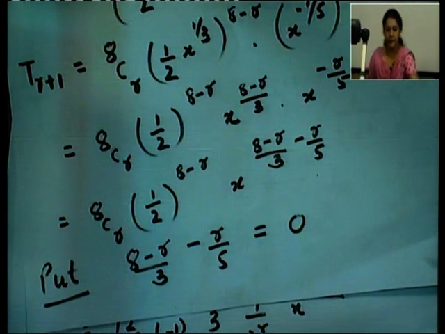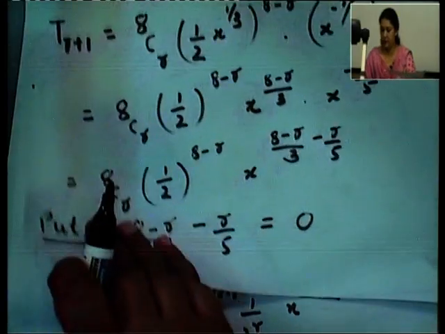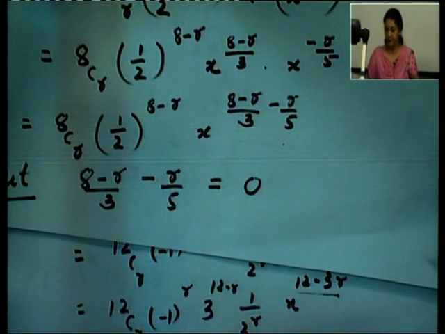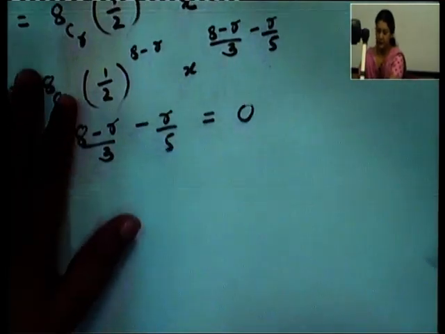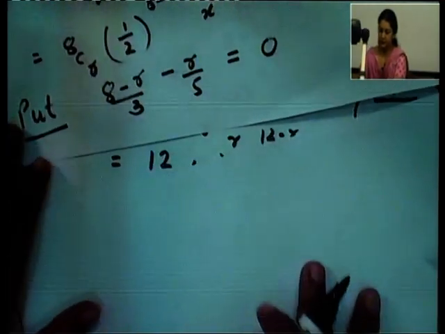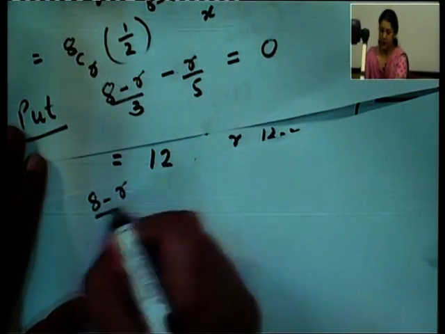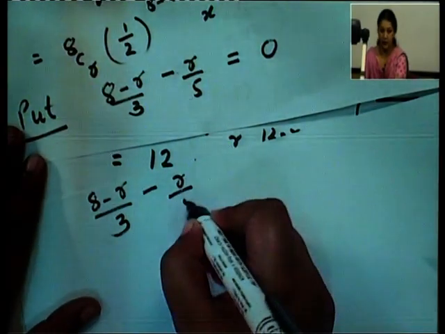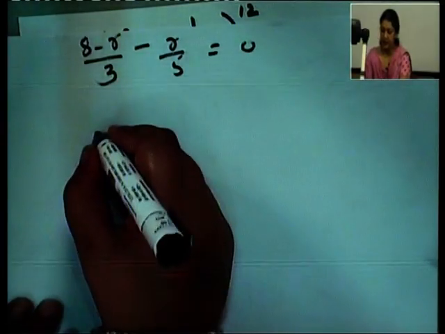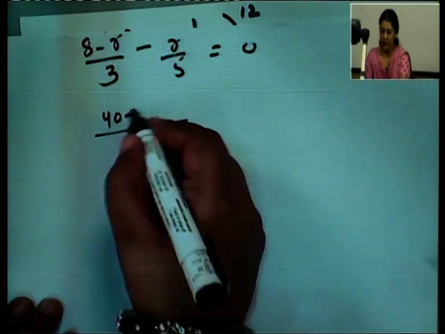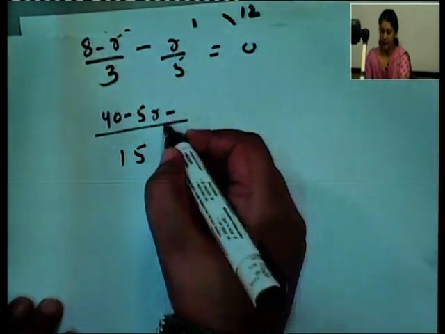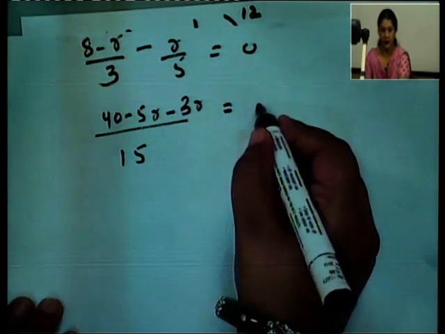So what will I get? This means (8−r)/3 − r/5 I have put equal to 0. So taking the LCM, 15, 40 − 5r − 3r is equal to 0.